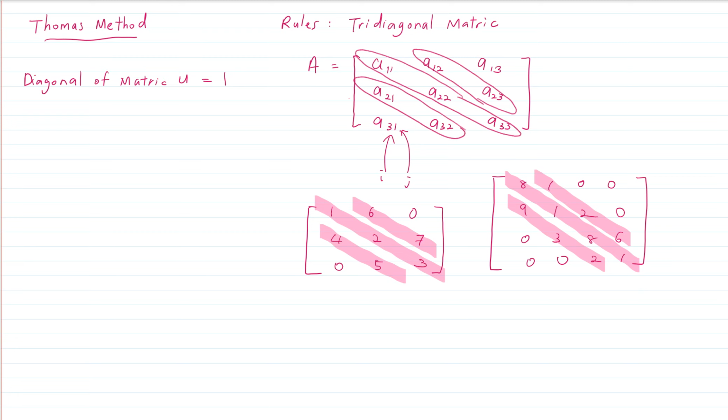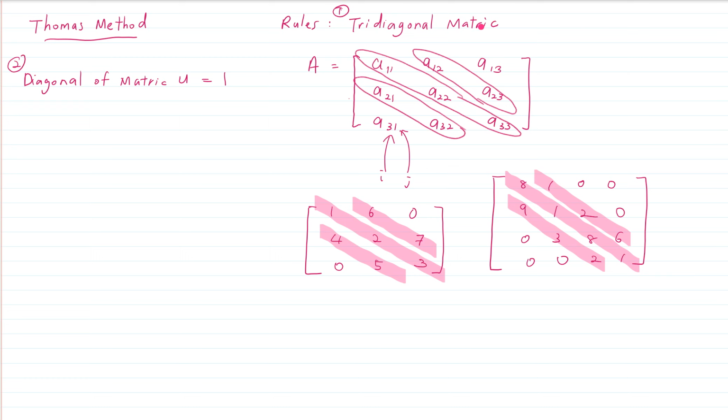These are the two rules. First, it must be a tridiagonal matrix, and the second rule is the diagonal of matrix U equals 1.